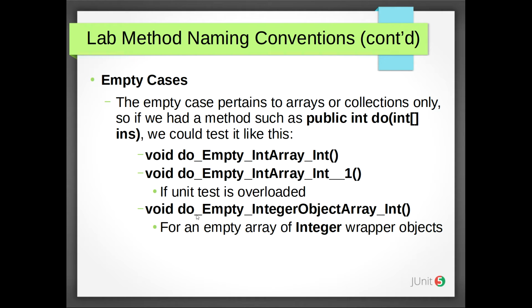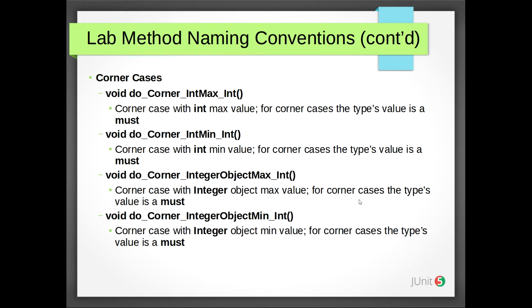We could do void do_empty_integer_object_array_int if we had an array of wrapper objects, for example, and not just an array of primitive ints. So for an empty array of integer wrapper objects, we would do that.